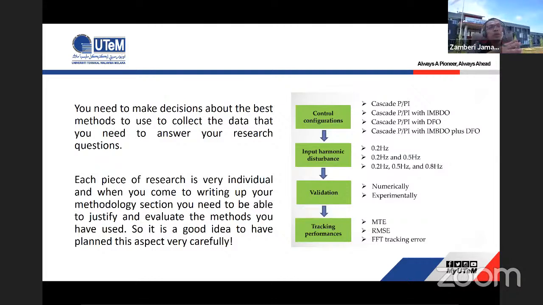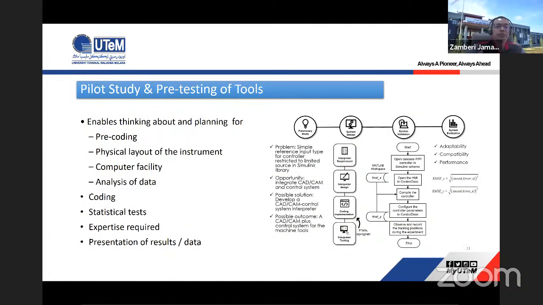Are we looking at the maximum tracking error, maximum errors, the root mean square, or the Fourier transform of those data? This must be very clear at the moment that we are conducting our work. So pre-studies, pre-coding, and pre-testing the tools. For example, look at these slides also by my students.